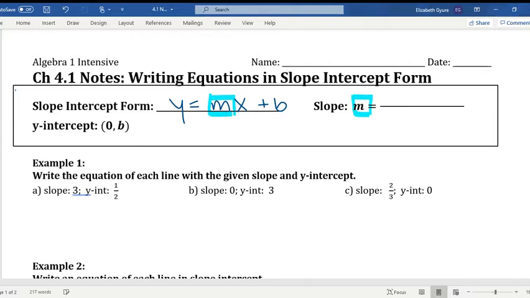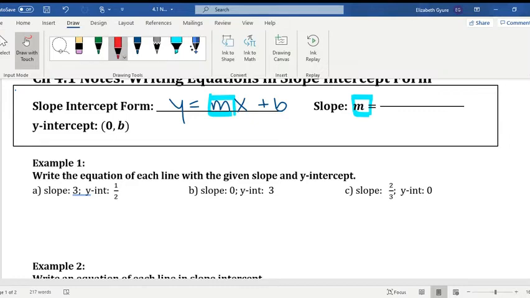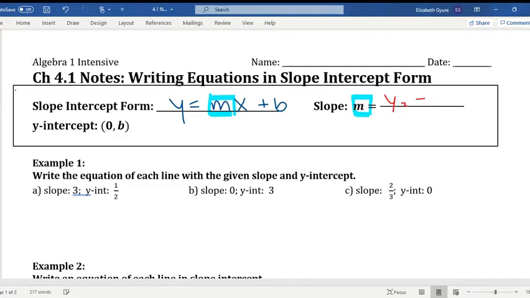That is your slope. And remember, that is your rise over your run, or wasn't there a little equation for it too? You would subtract the y's on top, subtract the x's on the bottom. Does that sound familiar? Your formula for that is y2 minus y1 over x2 minus x1.